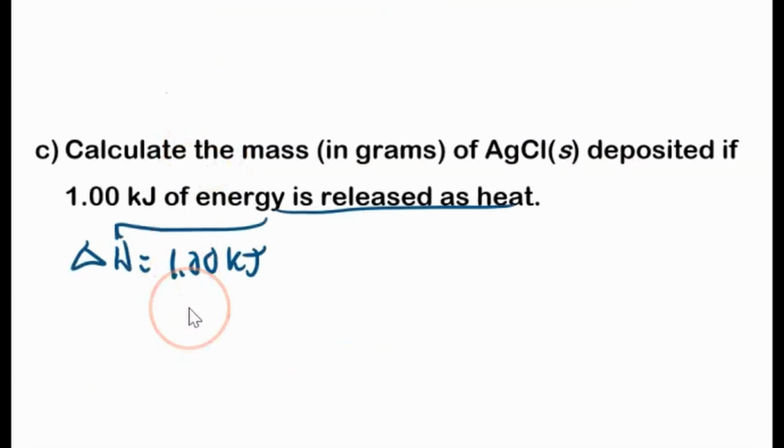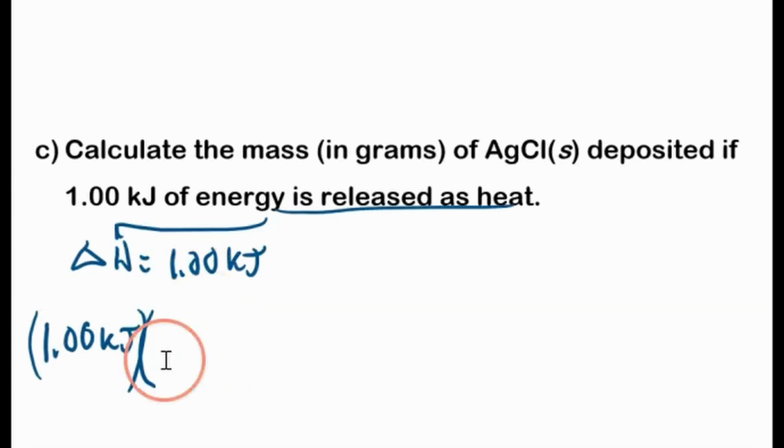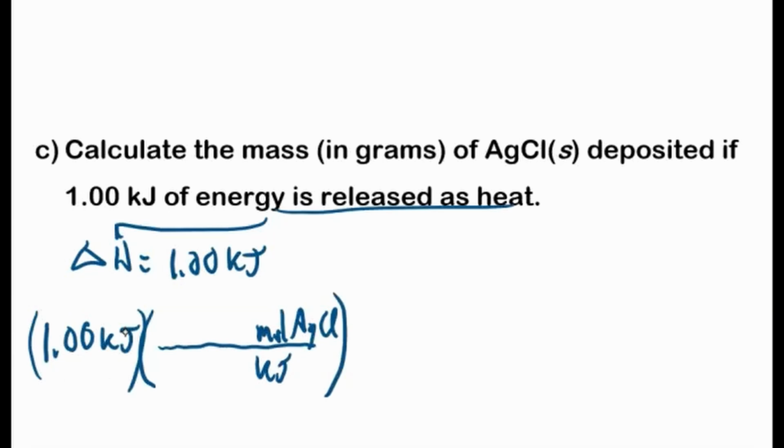So we start off with 1.00 kilojoules, and we need to know how many moles are produced by this many kilojoules. So we're converting units, and we want moles of AgCl. We want to cancel out kilojoules, and for every 1 mole of AgCl we need negative 65.5 kilojoules.